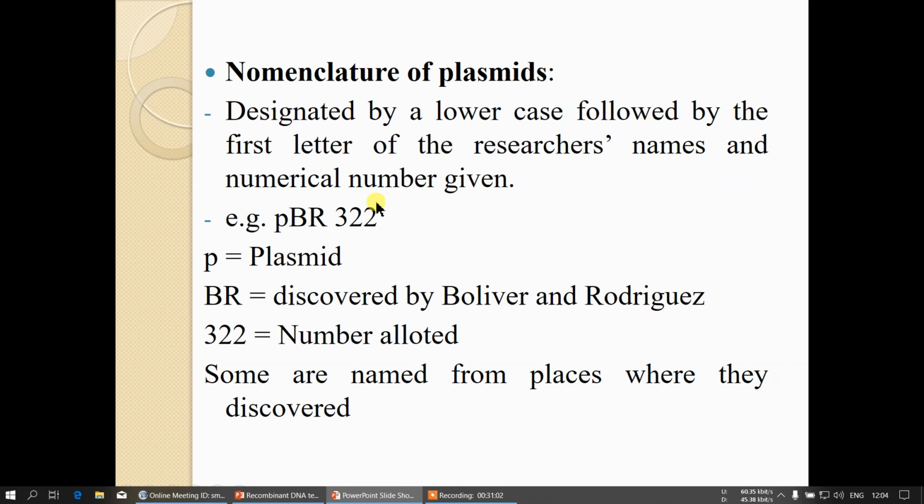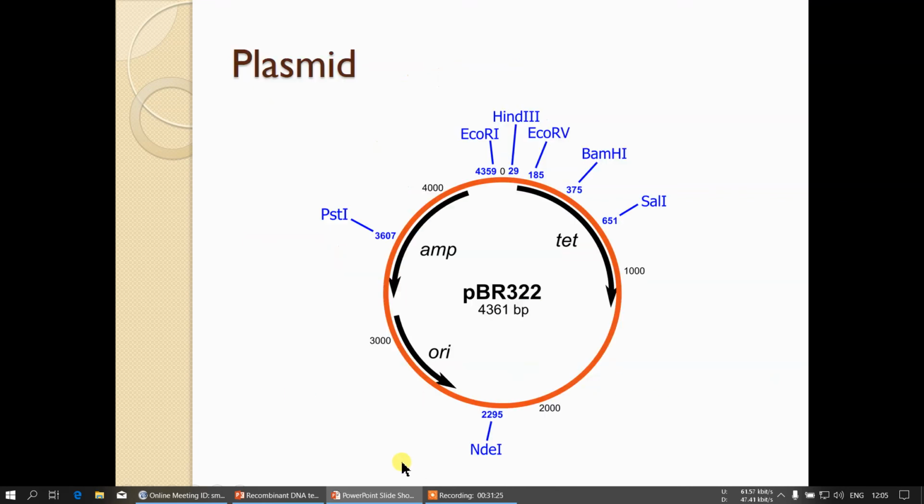Then a Roman or mathematical number, which is the number in which they were identified. The p is plasmid, BR is for Bolivar and Rodriguez who discovered it, and 322 is the number allotted to that particular plasmid. Some are named from the places where they were discovered.